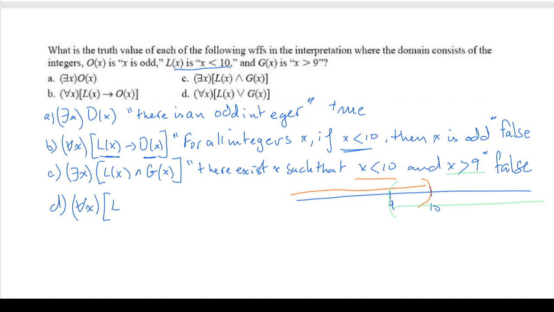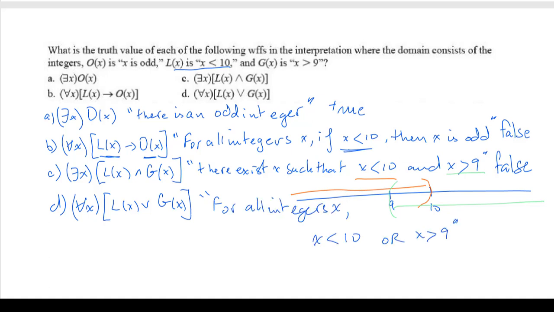The next one we have is for all X, L(X) or G(X). So again, we're going to do the same thing. What does it mean? For all integers X, either X is less than 10 or X is greater than 9. Is this true or false? So let's picture it. Here is 9, here is 10.